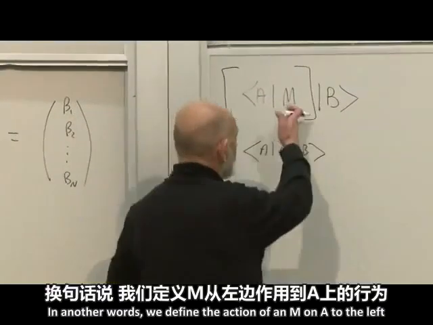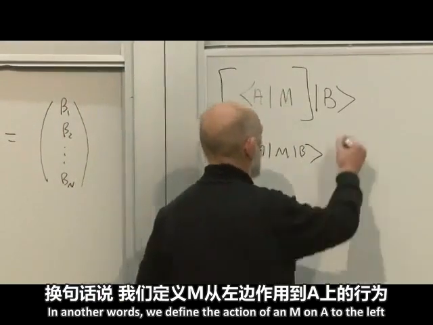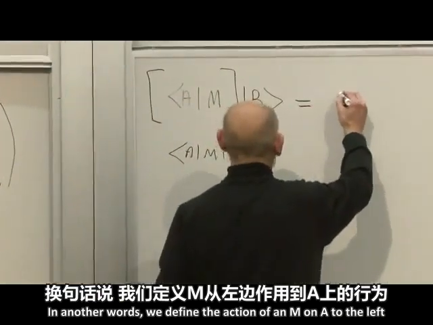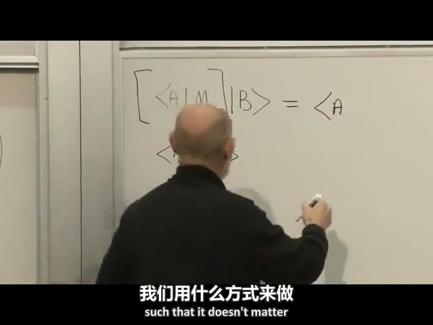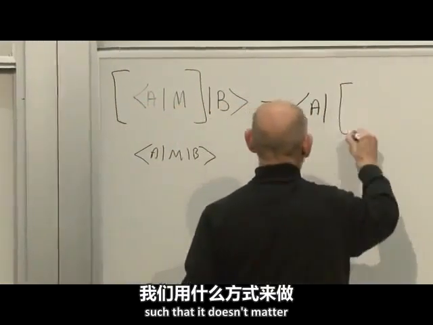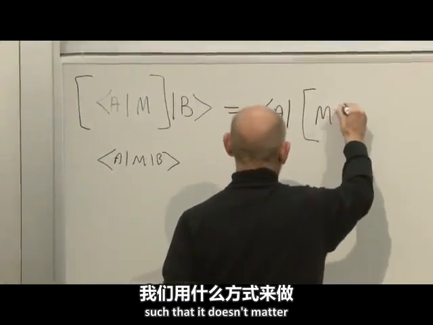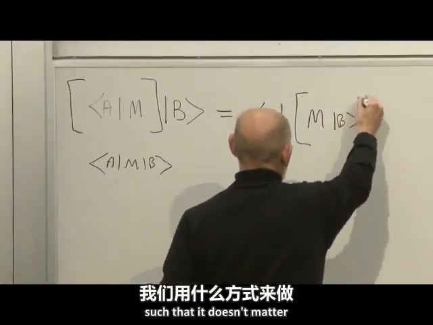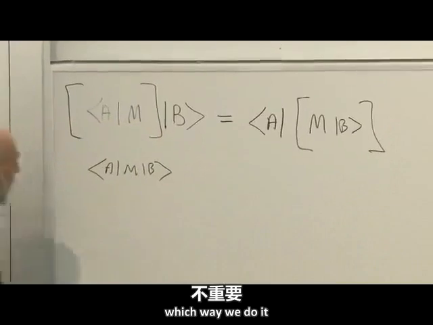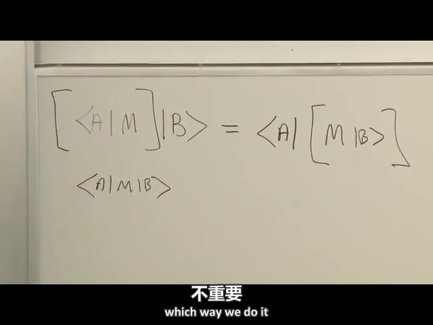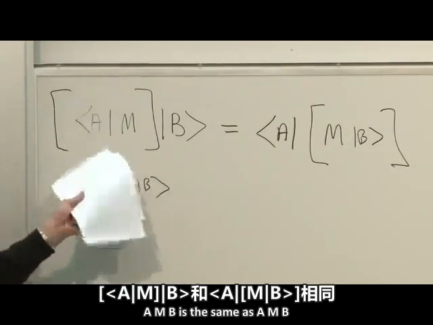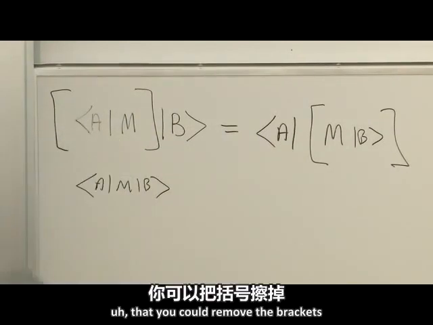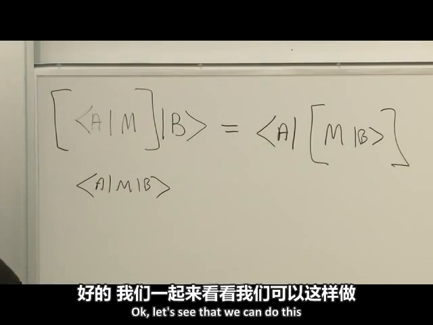In other words, we define the action of an M on an A to the left such that, and I'll show you that we can always do this, it doesn't matter which way we do it. A, M, B is the same either way, so you can remove the brackets. Okay, let's see that we can do this.